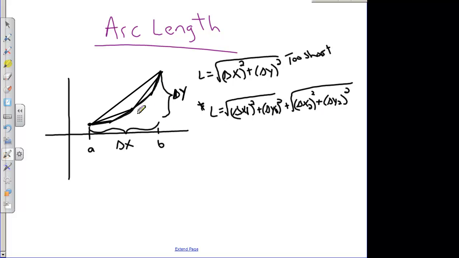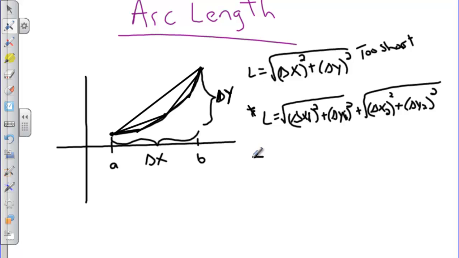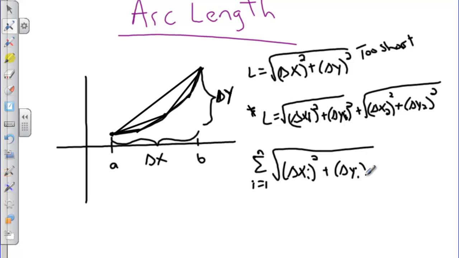And so you might see where we're going here. We're heading towards a summation. So I would end up adding up, from i equals 1 to n, however many of these I wanted to do, the square root of delta x sub i squared plus delta y sub i squared.